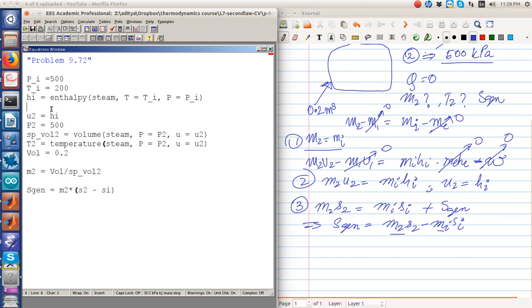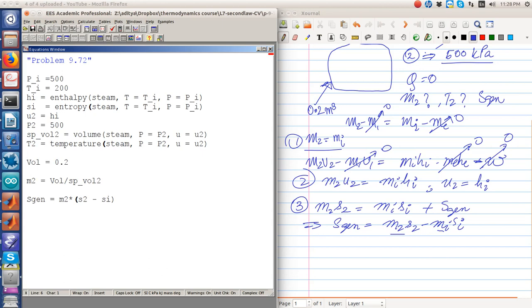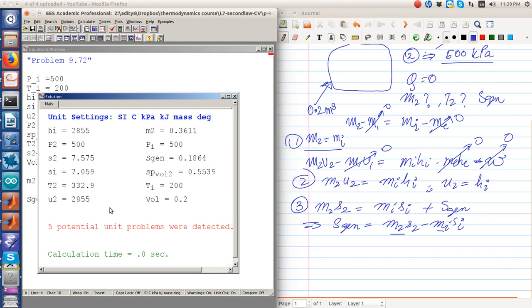So we simply need to find si equal to entropy of steam at T equal to Ti, P equal to Pi, and similarly s2 equal to entropy of steam at P equal to P2, U equal to U2. Using this, we find out that the total entropy generation is equal to 0.1864 kilojoule per Kelvin, because here we have multiplied with the mass.